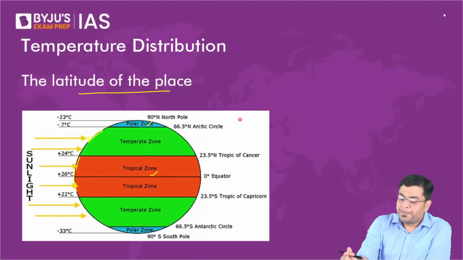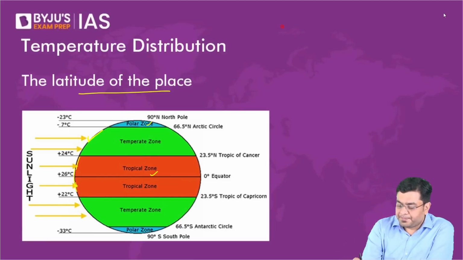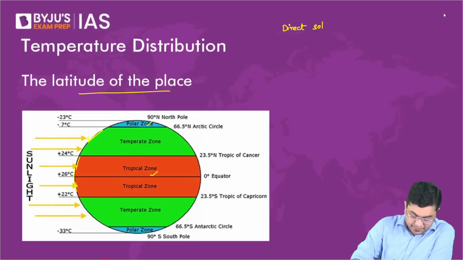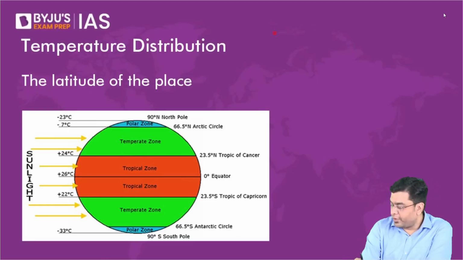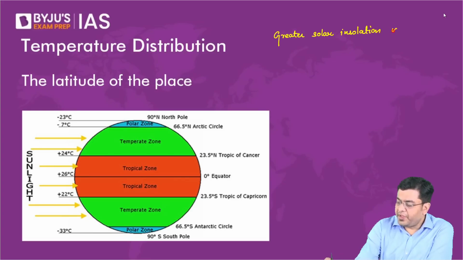So we do know that direct rays of the sun, greater solar insolation is received in lower latitudes. And why is that?